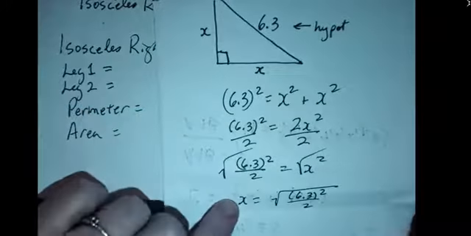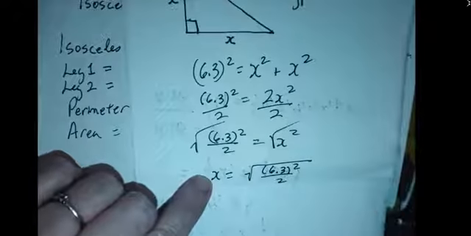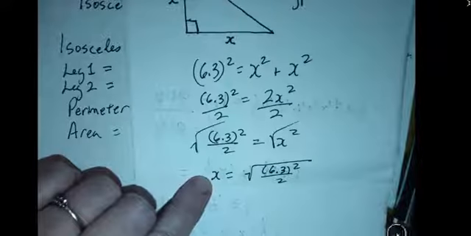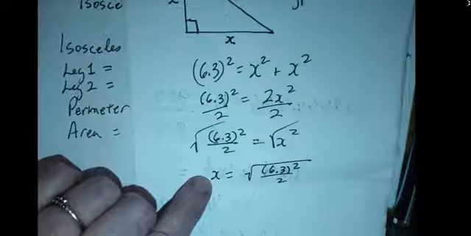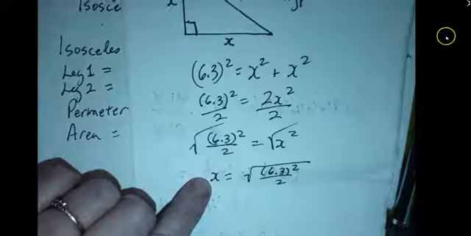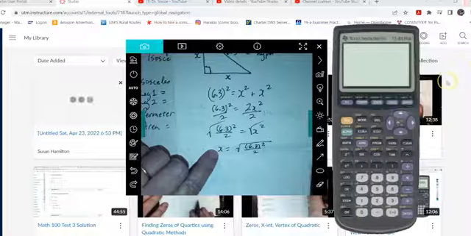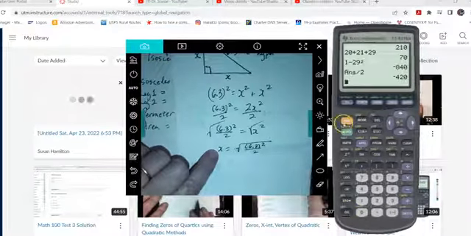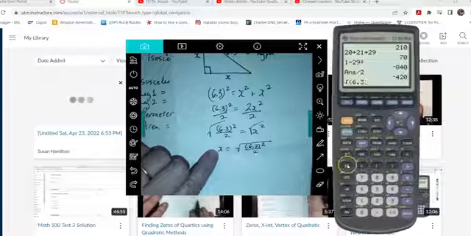So this is what I put in my calculator, and that will give me x. And how far do we take it? With WebWork, I would say at least 4 or 5 places. So the square root of 6.3 squared divided by 2, and then close out the parentheses for the square root.